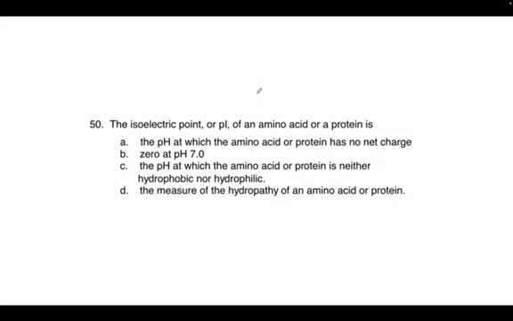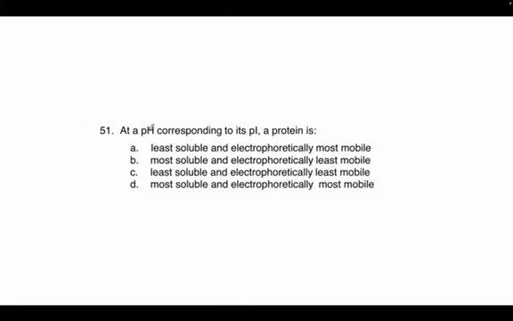Isoelectric point or pI of an amino acid is blank. We've discussed this extensively. It is the pH at which the amino acid or protein has net charge of 0. At pH corresponding to pI, protein is dash. Okay.